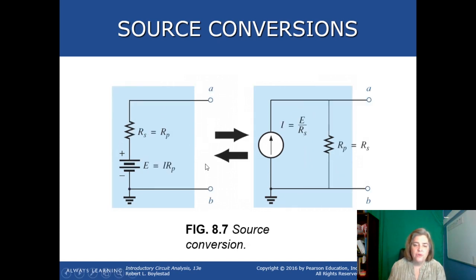So let's see how this works. This voltage source is equivalent to this current source. The series resistor becomes the parallel resistor for the current source, and the voltage divided by the resistance becomes the current source. Or if you're going back the other way, the current times the resistance becomes the voltage source.